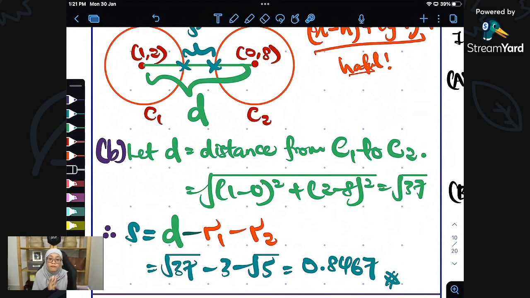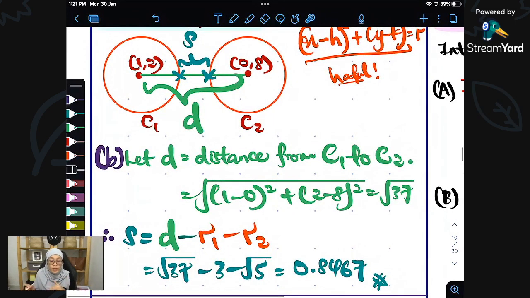It is just a logical formula where, in order to find the S, we need this long distance D, minus the radius of circle 1, minus the radius of circle 2. So I label this as radius 1 and this is radius 2.